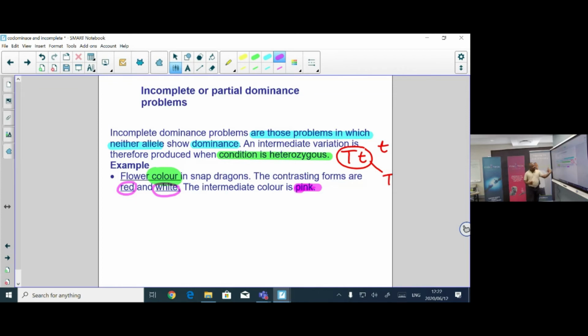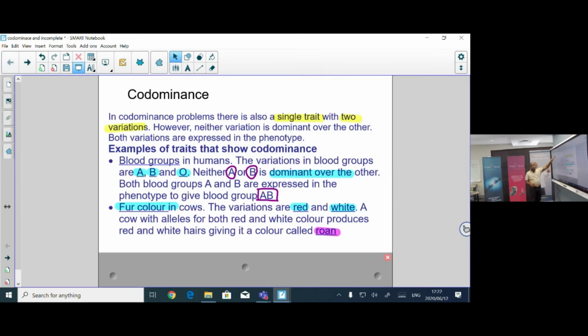Can you see the difference from this example alone? I know it will make more sense as we solve other examples. With codominance, in a codominant setup, as an example, hair color in cows, red and white color produces red and white hairs, which you can call roan, but you can really see that there's red and white.